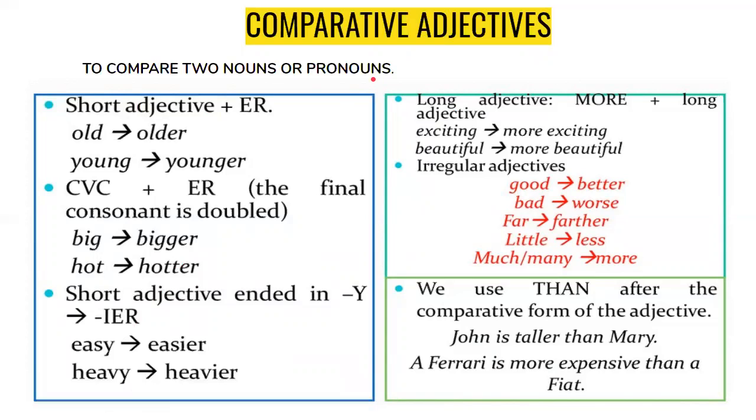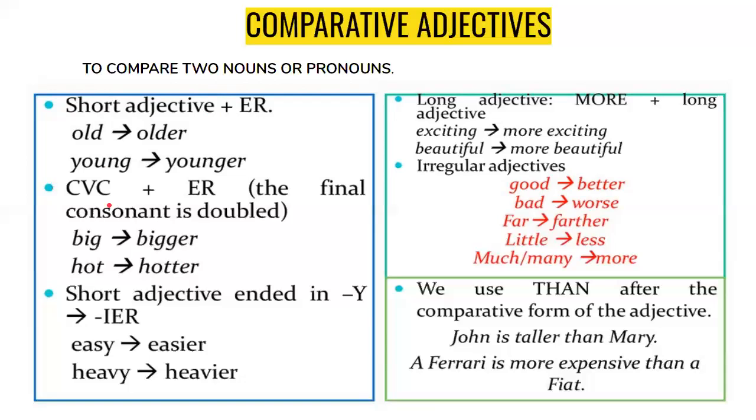Now, we need to understand how we actually form comparative adjectives. For short adjectives, like the word old, which I use in a positive degree, if I want to change this to a comparative one, I add er. Young, younger. Next are our CVC words: consonant, vowel, consonant. This I discussed in the previous video.